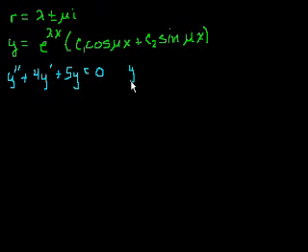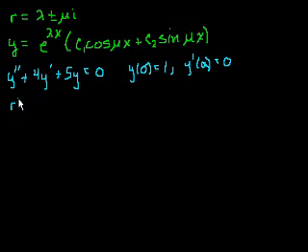So they say y of 0 is equal to 1, and y prime of 0 is equal to 0. So now we'll actually be able to figure out the particular solution for this differential equation. So let's write down the characteristic equation.